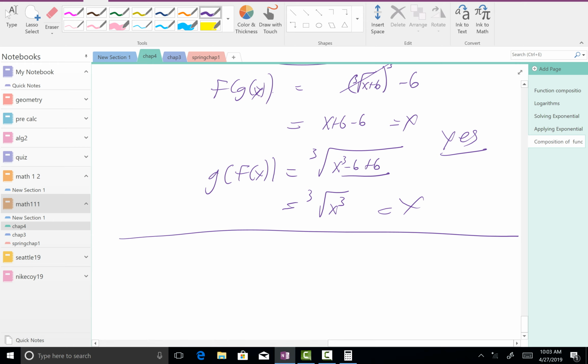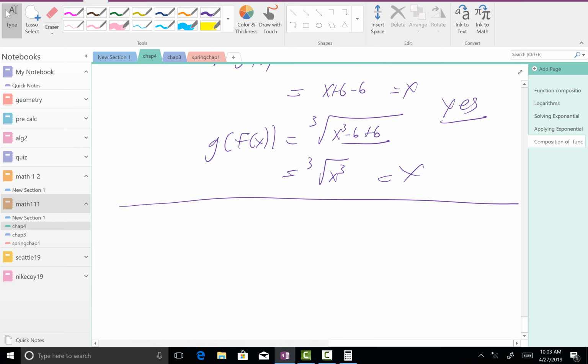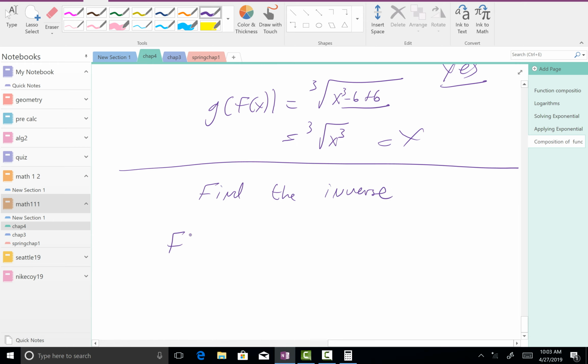Other thing they're going to ask you to do is find inverses. We haven't done one like this yet. Now this one's kind of weird.